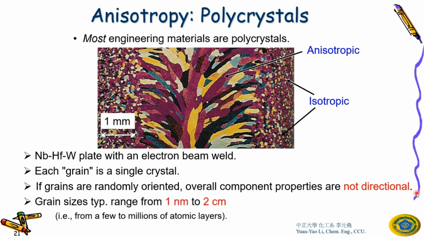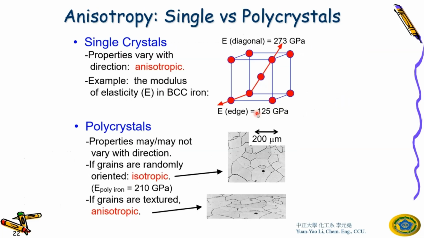So how big is it? How do you define the grains? It can be 1 nanometer or 2 centimeters. This is a comparison of single crystal and polycrystal for anisotropy.